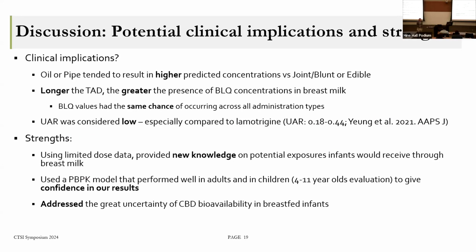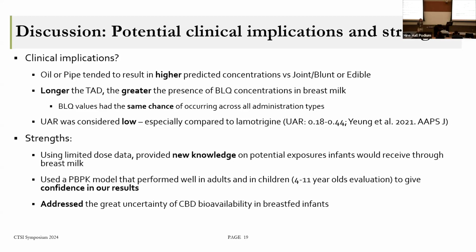So to talk a bit about the clinical implications and strengths. Again, oil and vape tended to have higher concentrations than joint, blunt, or edible, so maybe that should be thought about or discussed. The longer the time after dose, the greater the likelihood of a BLQ value.